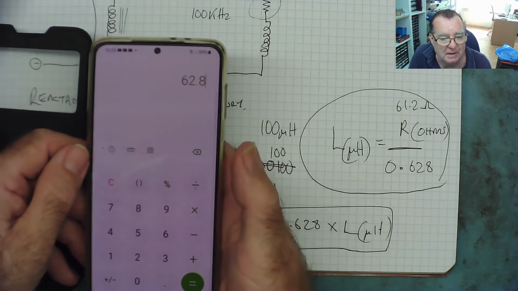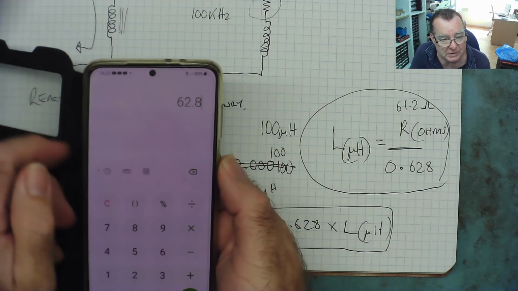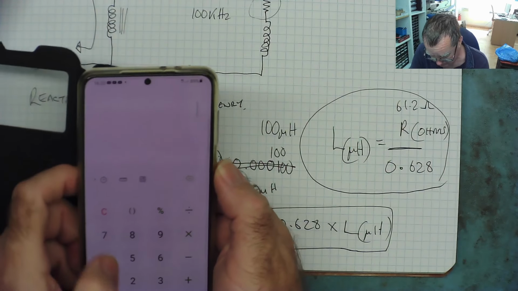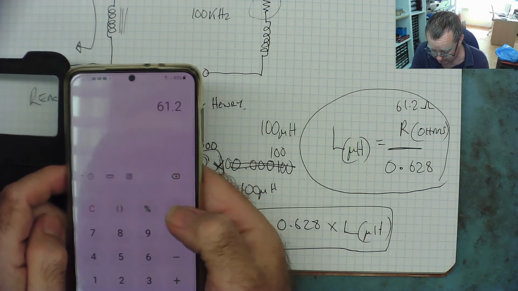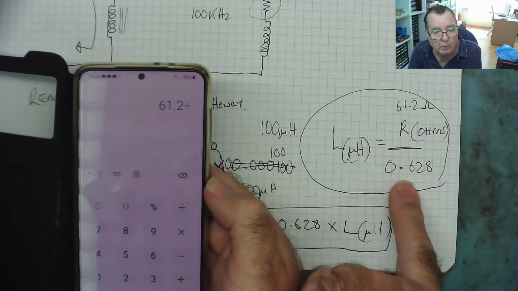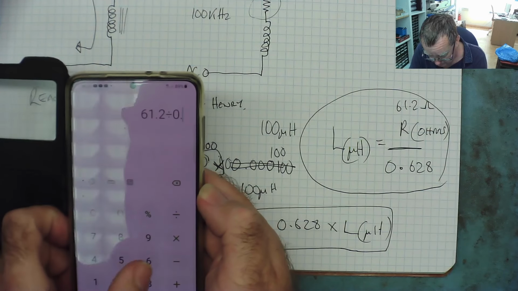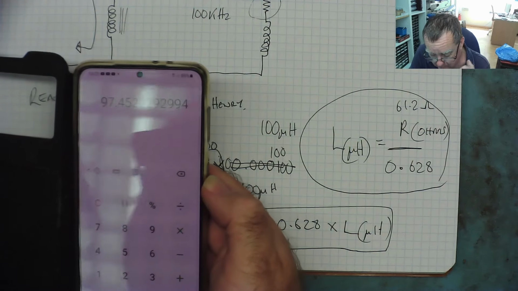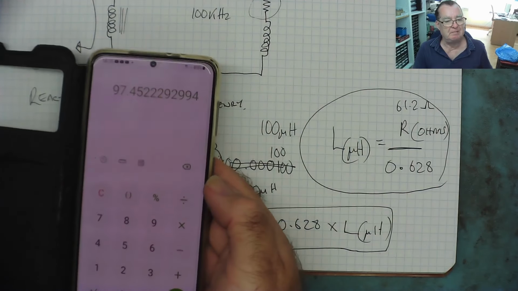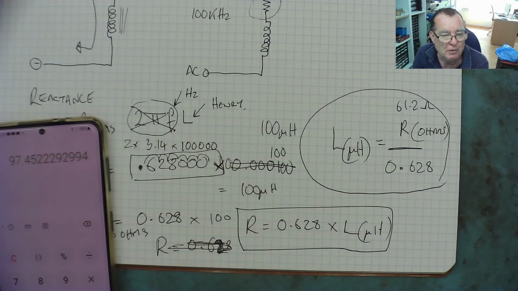Use the calculator again. 61.2 divided by 0.628: 97.45 microhenries. Close enough, isn't it?